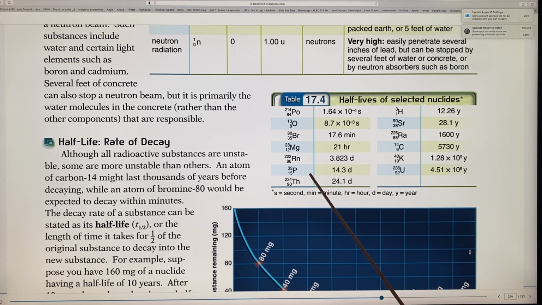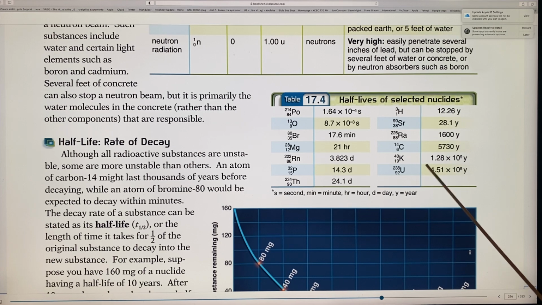Phosphorus is 14.3 days. And then we have hydrogen at 12.26 years, selenium 28.1 years. Here's radium, 1,600 years. Carbon is 5,730 years half-life.